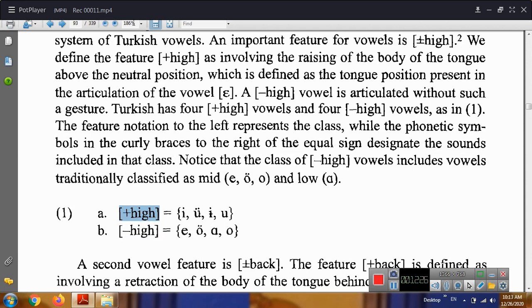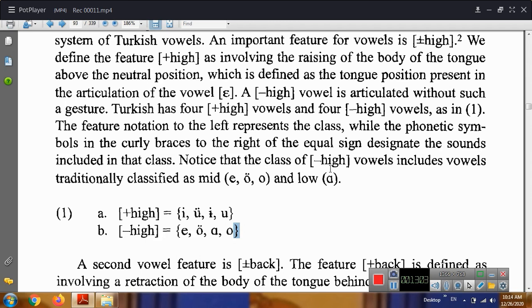Notice, okay, here we have the sounds. The feature notation to the left represents the class, while the phonetic symbols in the curly braces to the right of the equal sign designate the sounds included in that class.